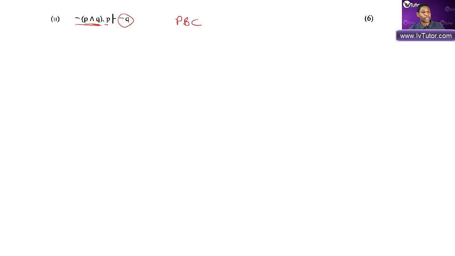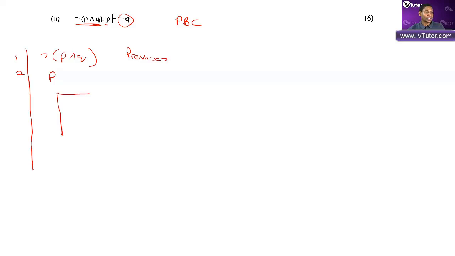What will proof by contradiction say? You start with what you're given, your premises: not (P and Q), and P. From here, to prove not Q, I can assume that not Q is true.